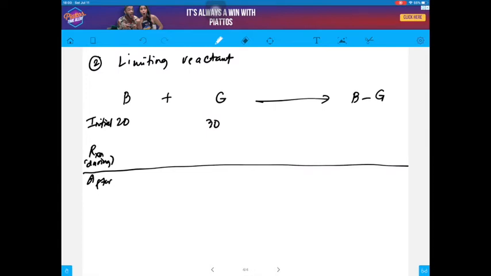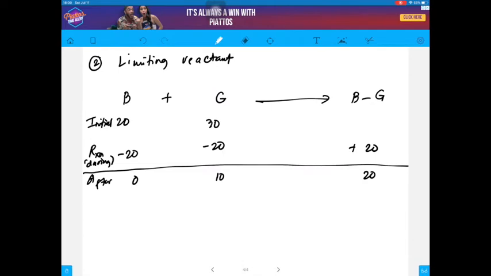So now, since in the pairing up, all the 20 boys are paired up with only 20 girls, producing 20 pairs for the social dance. So after the pairing up, we only have 0 boys remaining here. Everyone has been paired already. Whereas for the girls, there are 10 unpaired girls remaining and 20 pairs that have been produced. So this is the context of limiting reactant.